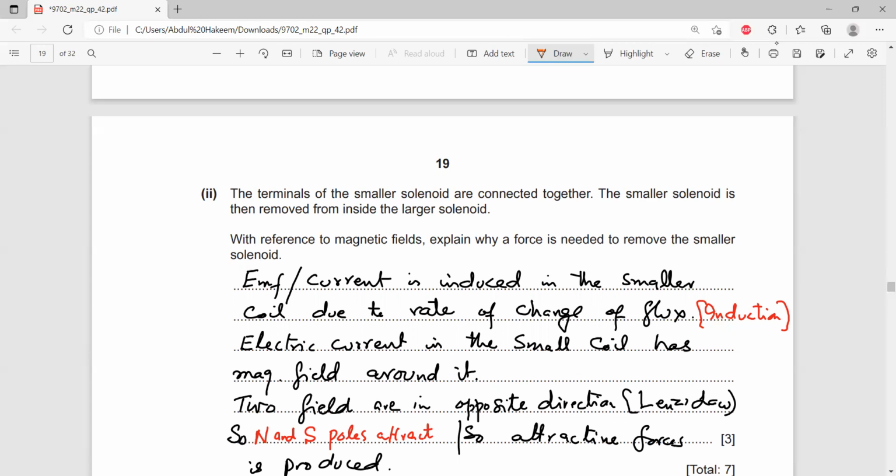When the fields are opposite, their ends are of opposite poles. One has a north pole, the other a south pole, so there is a force of attraction between them. Opposite fields, opposite direction currents, so opposite poles are formed, and north and south attract each other.